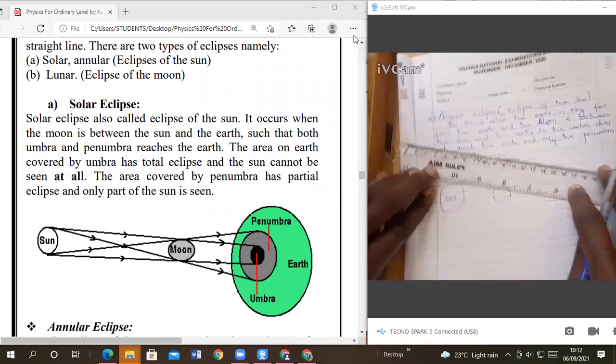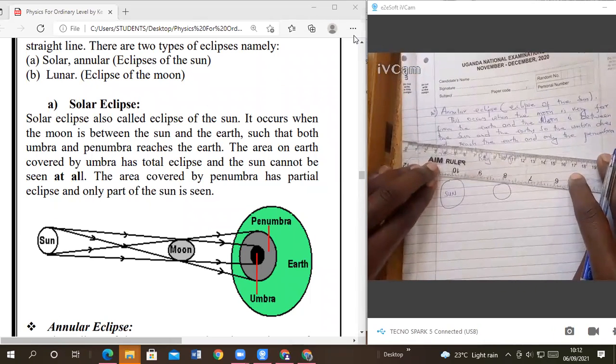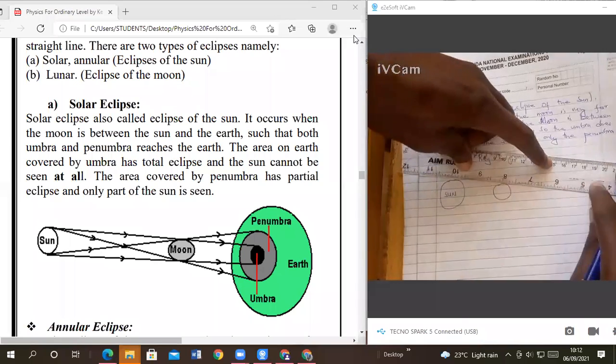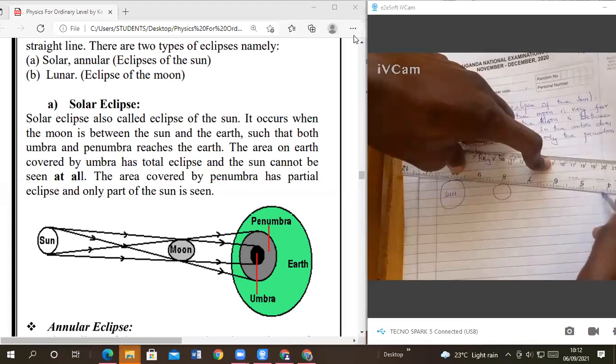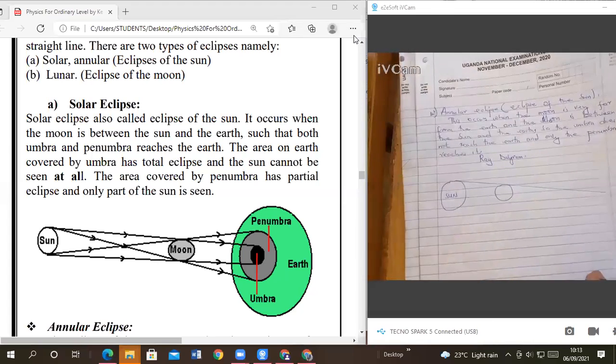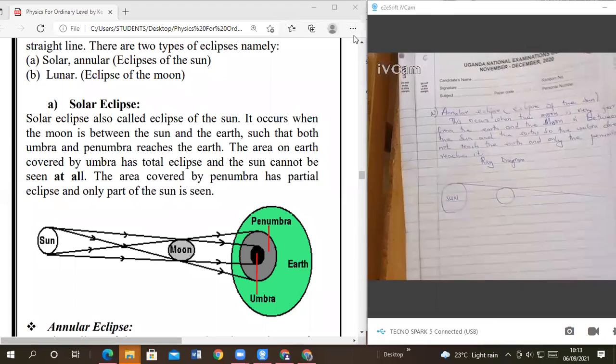So from there, you put your ruler like this. I said the ruler you are using must be a transparent ruler so that you are able to see the lines clearly. You draw that there.